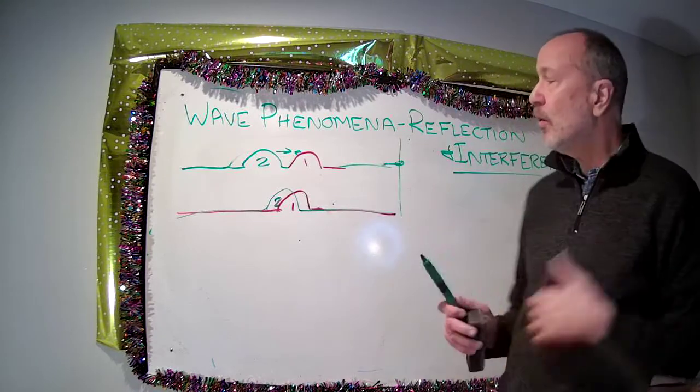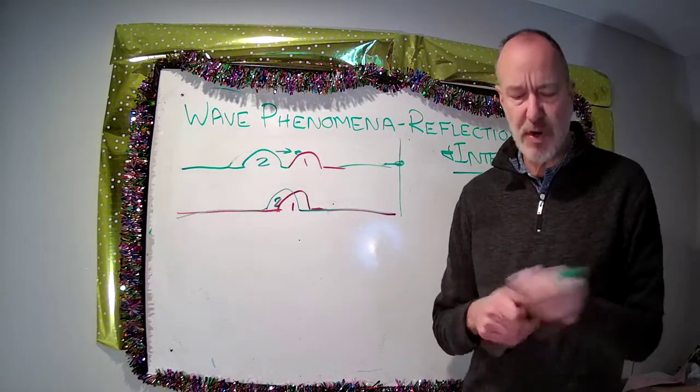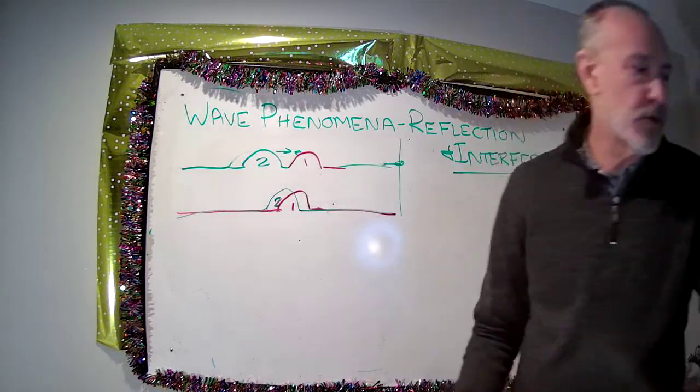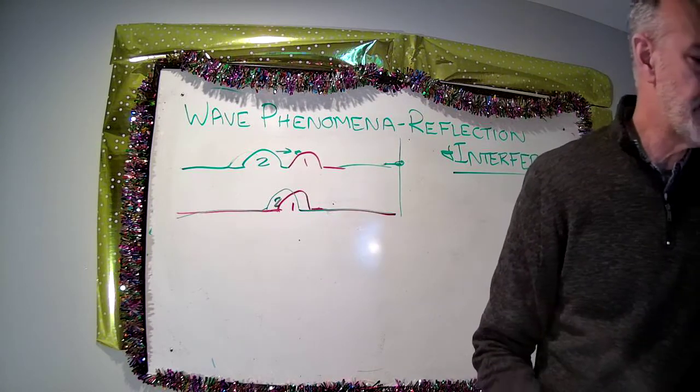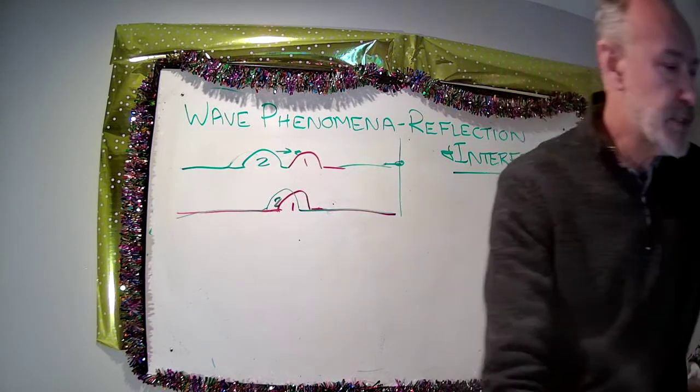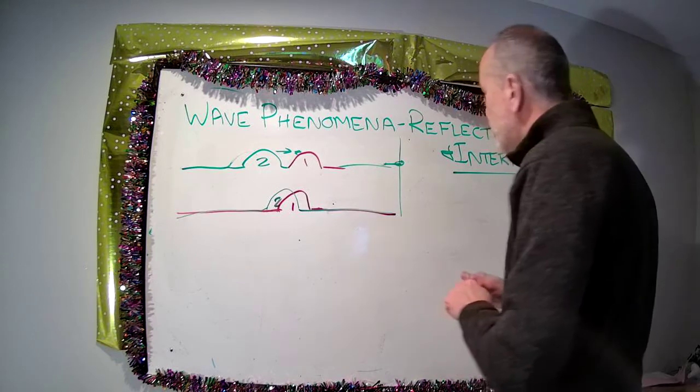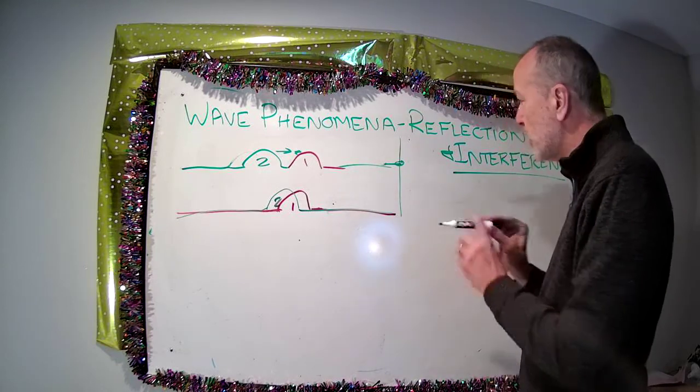So in interference, we're trying to find out what shape the spring, or the string, or the rope, or whatever it happens to be, would actually take. To check that out, we use a thing called superposition.